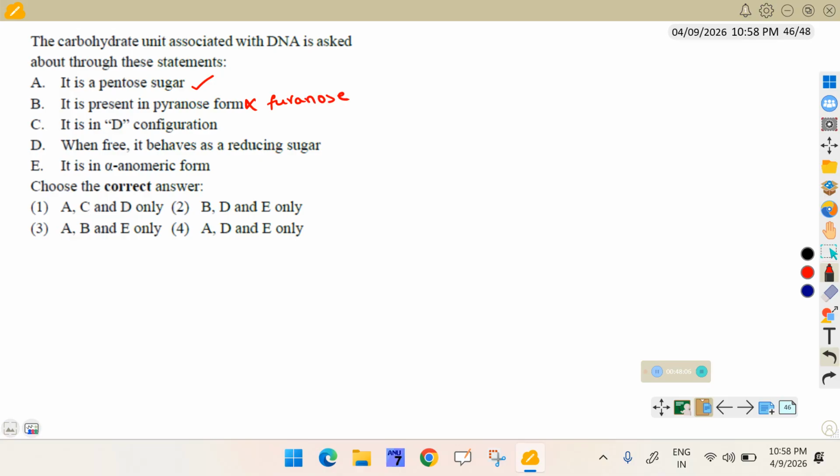It is D configuration, correct. When free, it behaves as a reducing sugar, correct. It is alpha anomeric form, wrong. It is beta anomeric form. So A, C, D, first option.